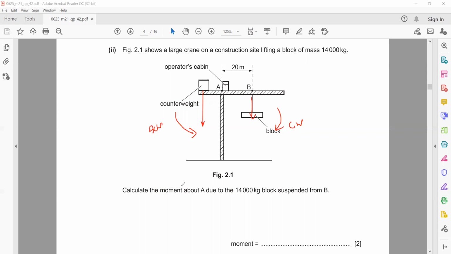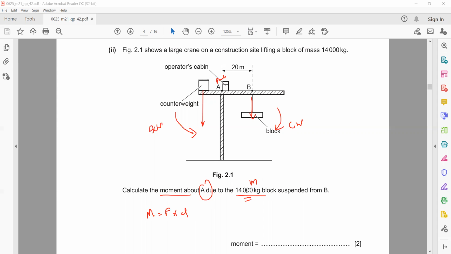In the question, they're saying calculate the moment about A due to 1400 kilogram block suspended at B. About A means A is a pivot. So how to calculate a moment? Moment is a product of force into distance. This mass is given. Mass is not the force, weight is the force.